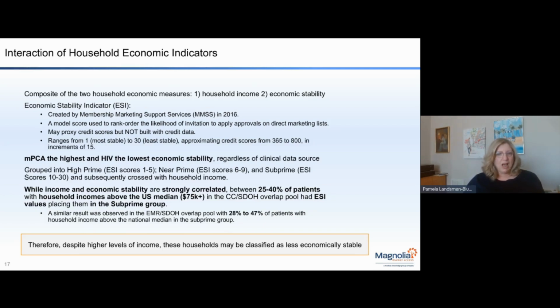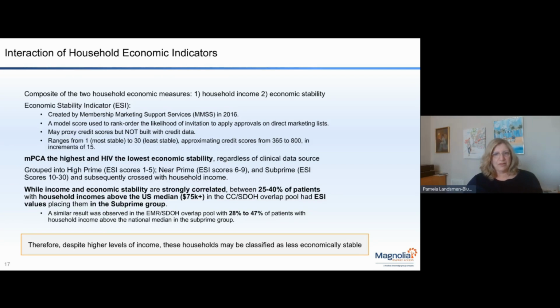And while the economic stability indicator and income are strongly correlated, we did see that across the diseases, about 25 to 40% of patients in the closed claims had incomes above the US median of $75,000 a year, but their ESI values place them in the subprime group.